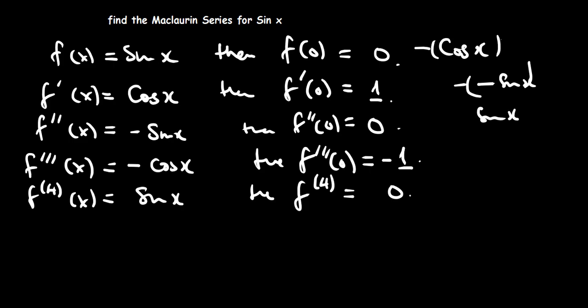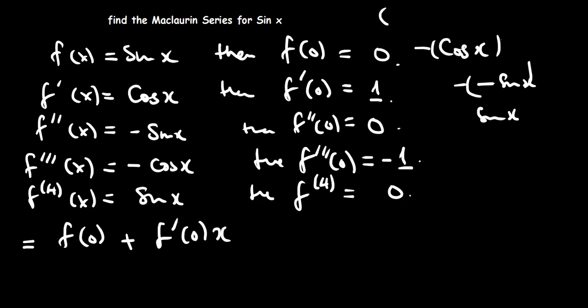So from here we can write f of 0 plus f prime of 0, then x, so this part we only have x.